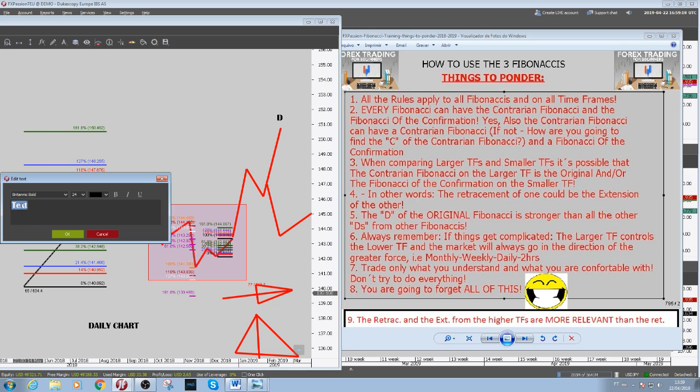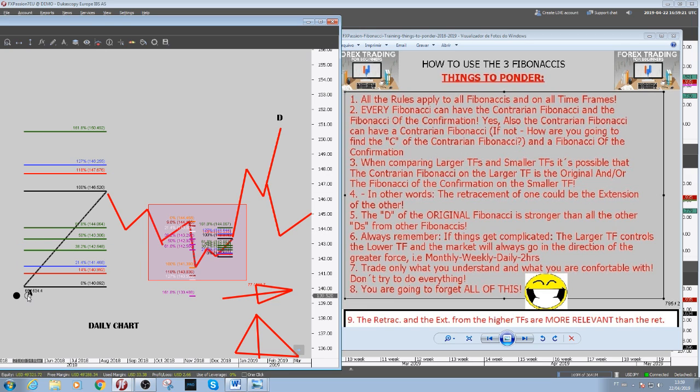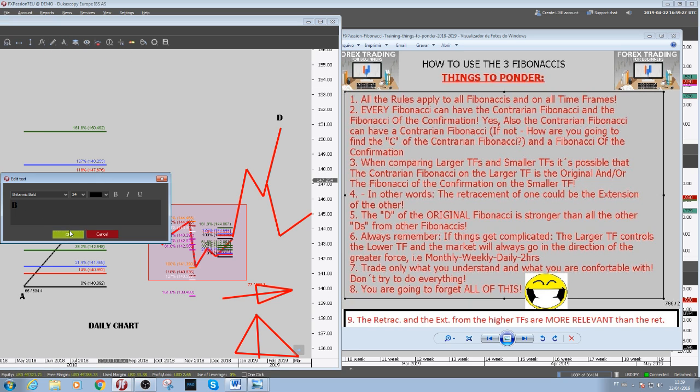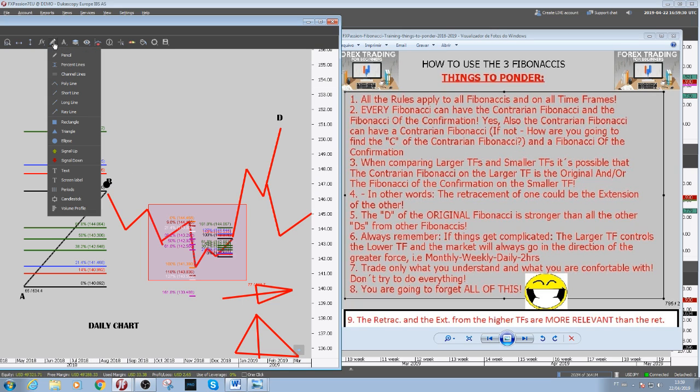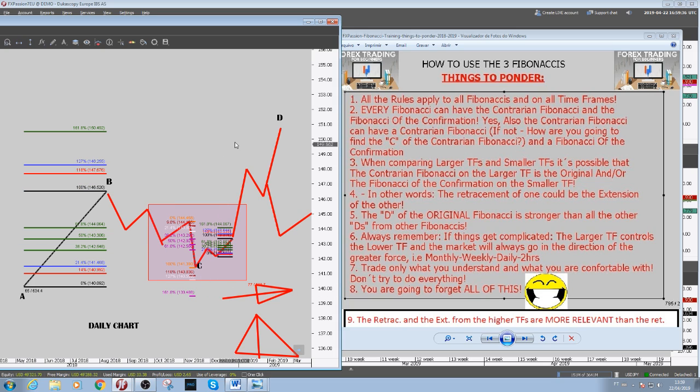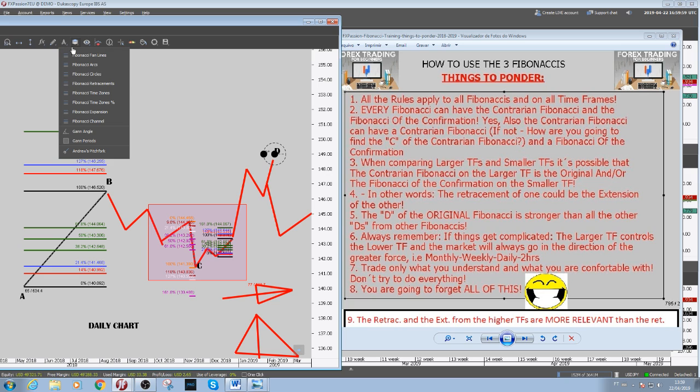So we have the A down here, we have the B up here, we found our confirmed C, okay, and when the market hit the appropriate extension, blue goes to blue, when the market hits the appropriate extension on the higher time frame, the original Fibonacci is stronger. So it doesn't matter what you have in between.